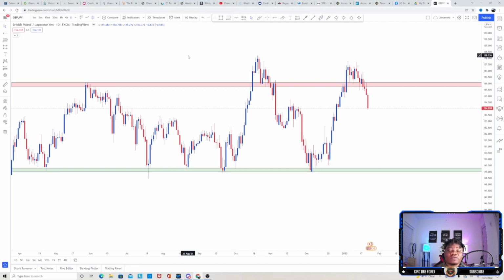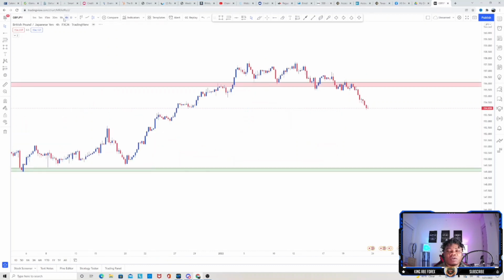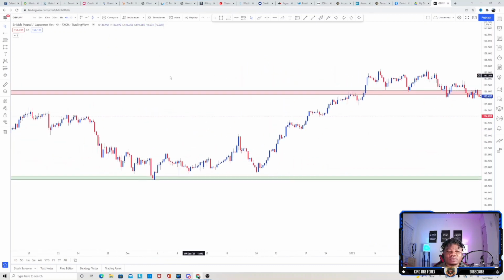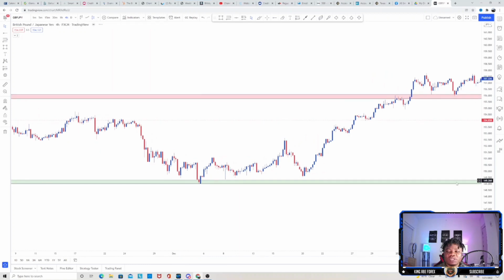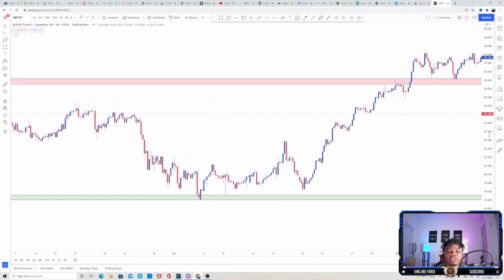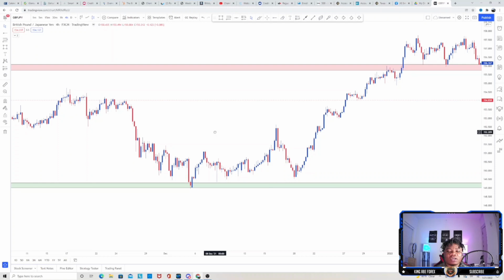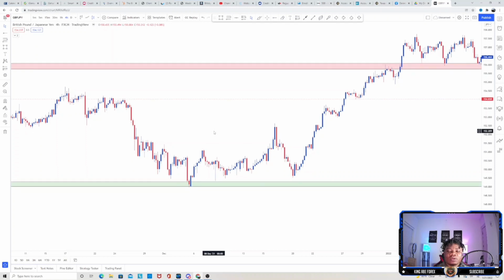Now we've figured out and identified our highs and our lows. Now we can go, for example, in this video, we're just going to go to the 4-hour time frame here. Now that we're on the 4-hour time frame, we know that we are at a demand zone and we're looking to get into a buy position.